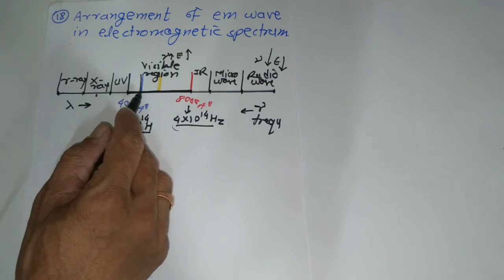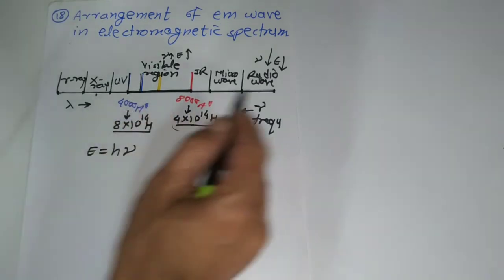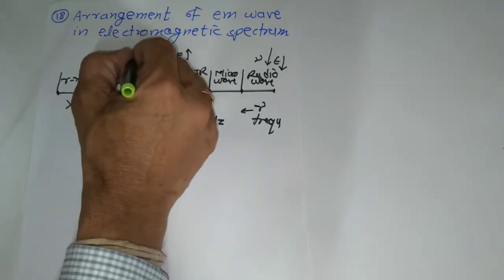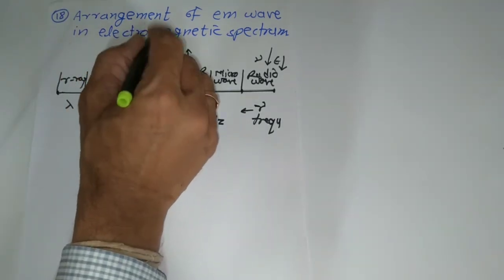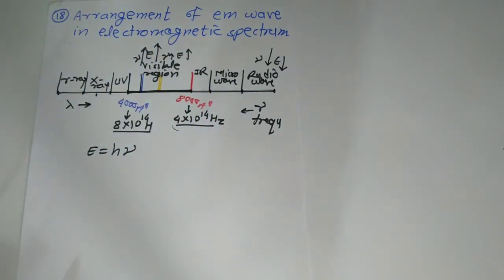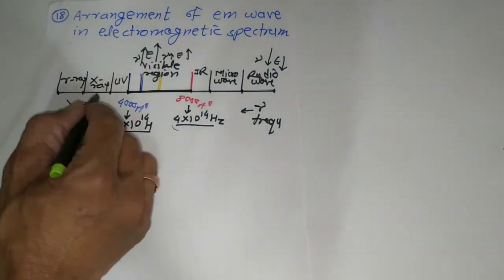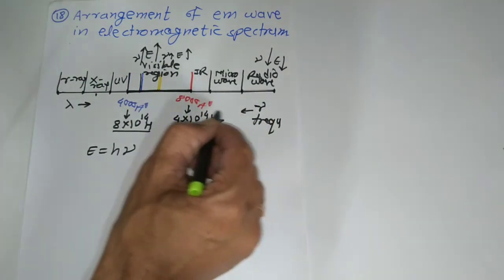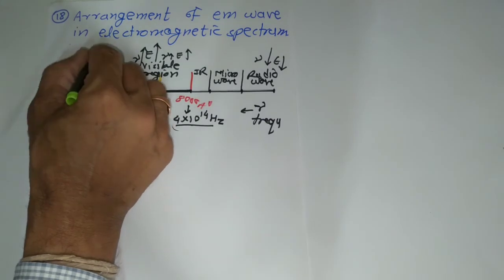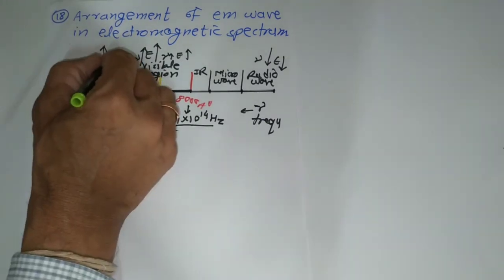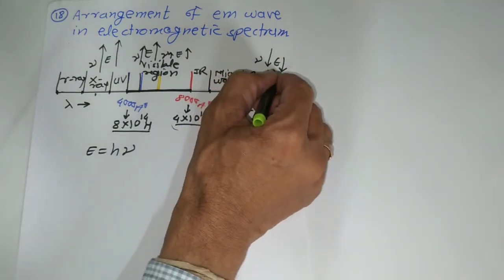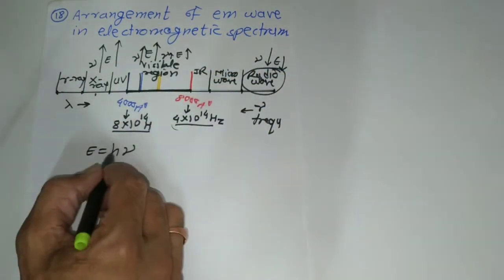Then there is blue light, with greater frequency, therefore its energy increases by a greater amount. And lastly there is X-ray, whose frequency nu is very high because it is on the left hand side, and therefore its energy is also very high. So radio wave has the least energy per quanta.